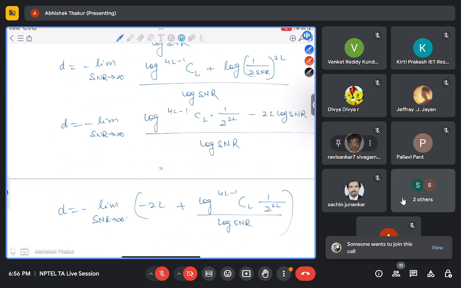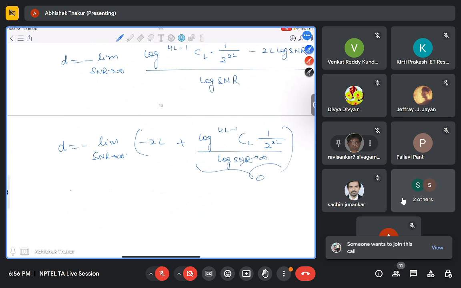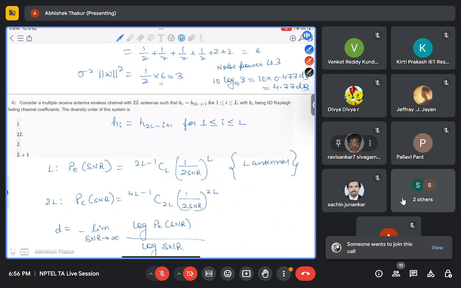Now when SNR tends to infinite, this value will tend to 0. So the D will be minus, minus 2L, that is equal to 2L. So for this question, the correct answer is option number B. So that will be 2L. So we'll move on to the next question.